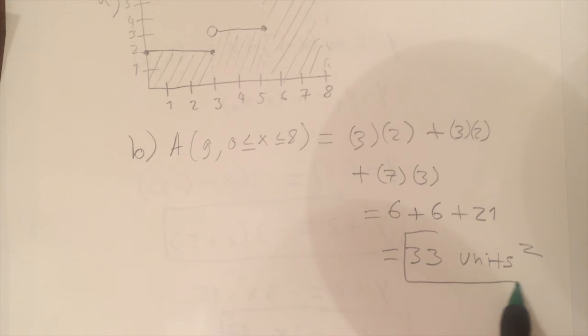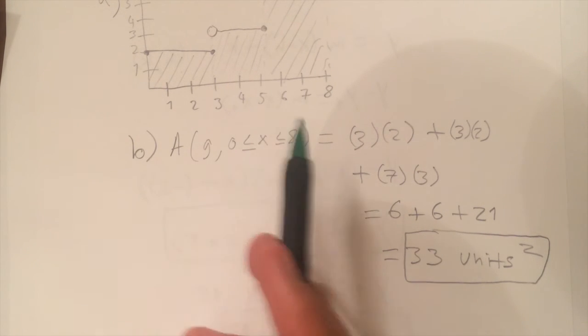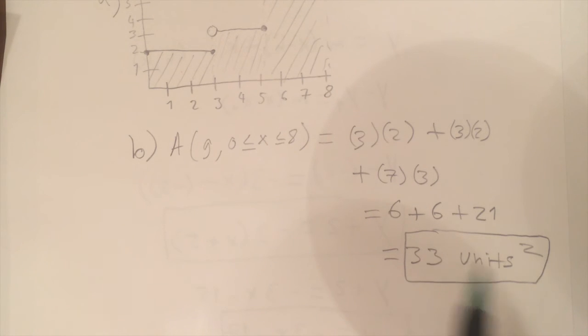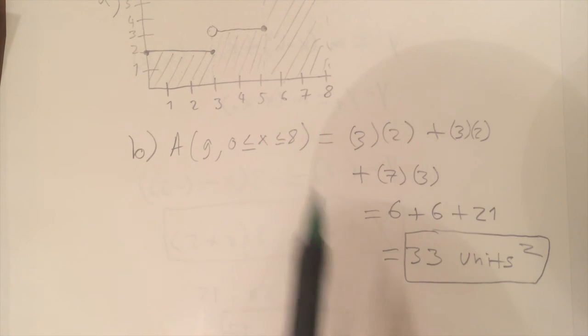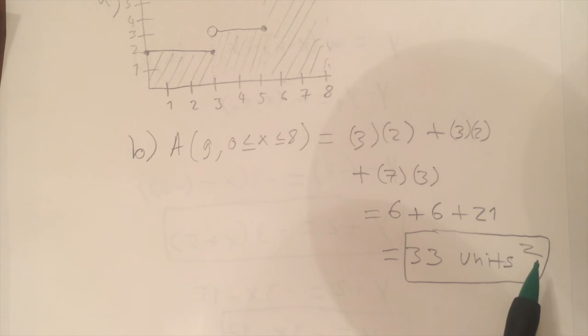And remember to include the units in your answer, which we're not given in this problem, but you can just write units. You must write units, and make the units squared when you're dealing with problems that concern area. Remember not to make the units cubed, because that is exclusively for problems that deal with volume.